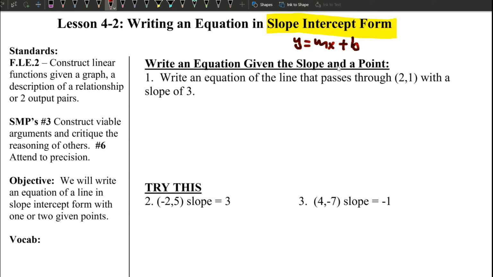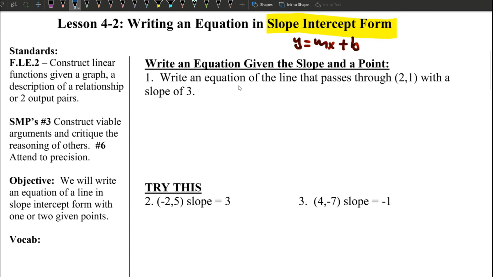To write an equation, you have two methods: slope-intercept form, which is today's lesson, and point-slope form, which you practiced on the bellwork and the quizette. We'll go more in depth on point-slope form tomorrow in the next lesson. Again, today's lesson will focus on slope-intercept form.